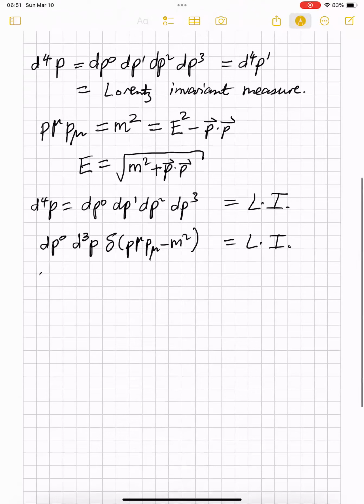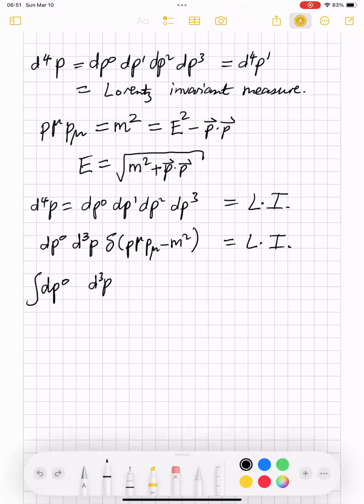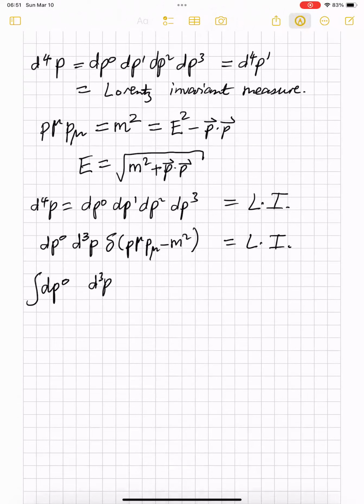And now let me study what happens when I integrate dp⁰ d³p of delta of p_μ p^μ minus m². So I am only integrating over p⁰. Well, when I do that, I am adding up a whole lot of things that are Lorentz invariant, so again, this is going to be Lorentz invariant, okay?